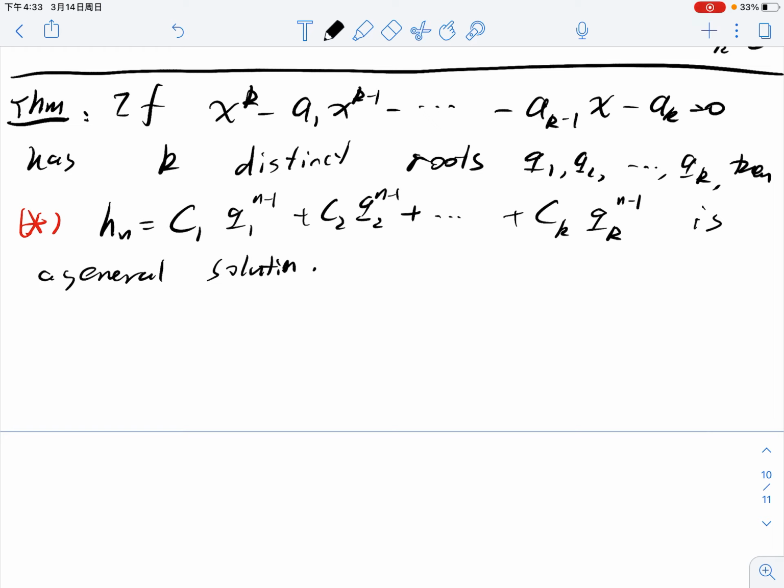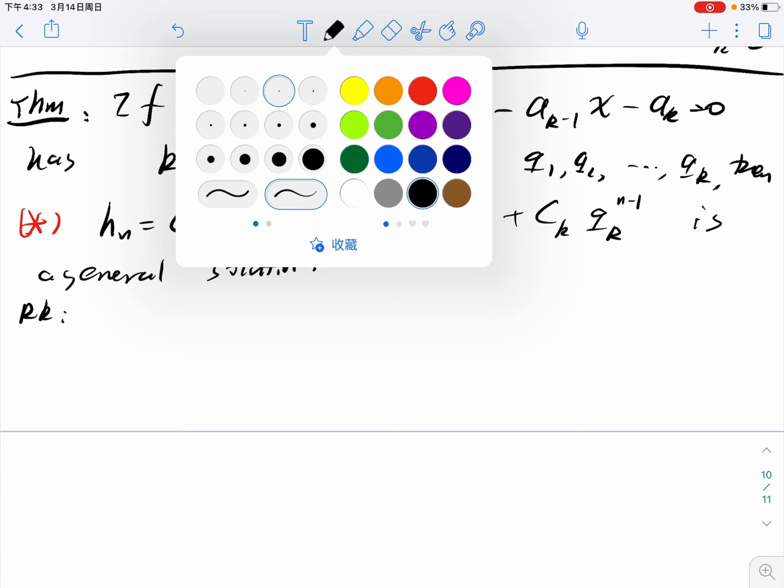So just a small remark, what does a general solution mean?